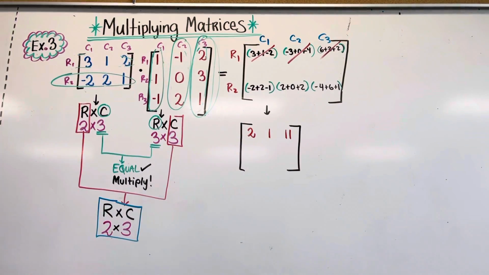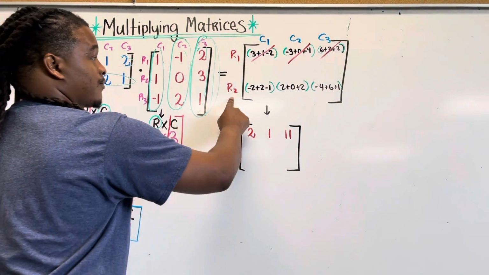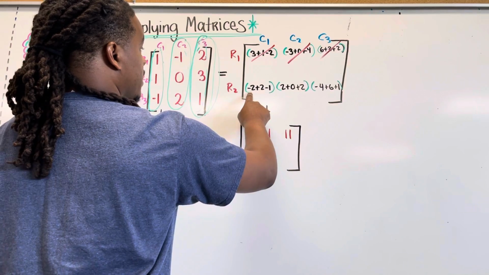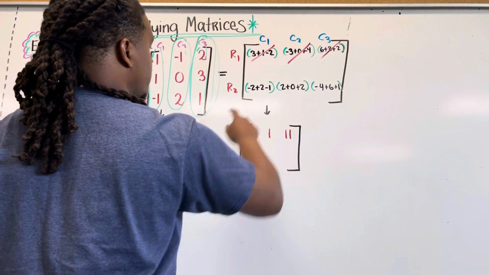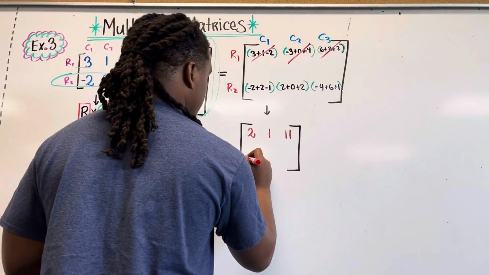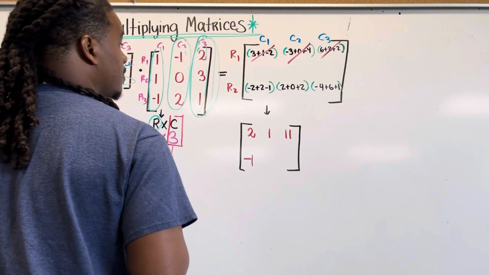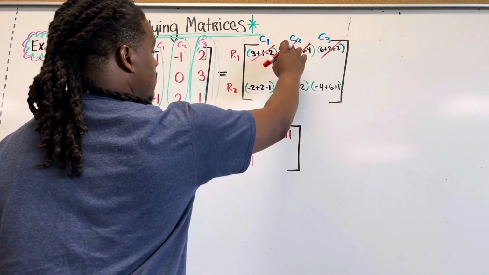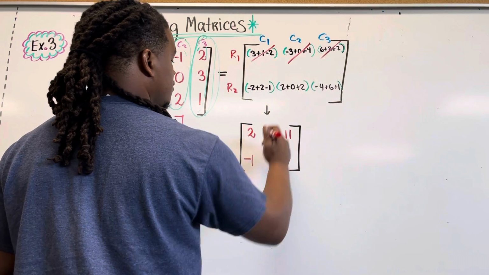Now let's go to row 2. Row 2, column 1: negative 2 plus 2 is 0, minus 1 is negative 1. Row 2, column 2: 2 plus 2 is 4.